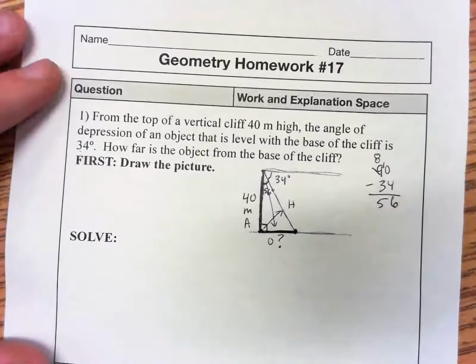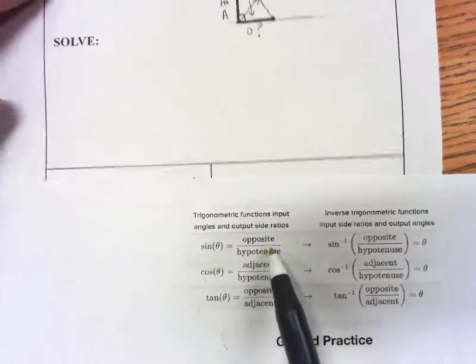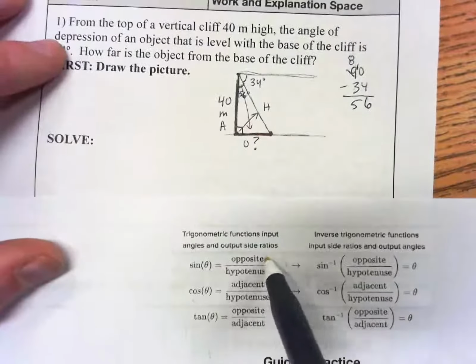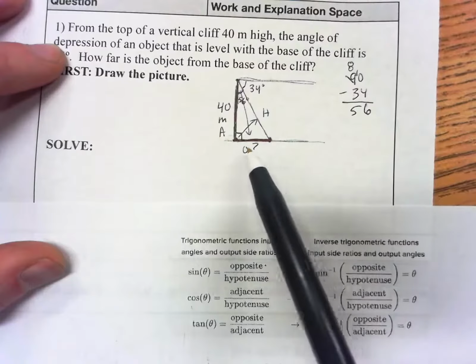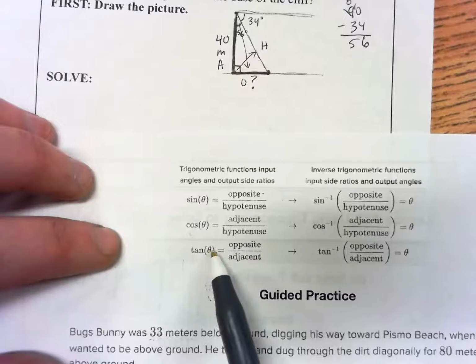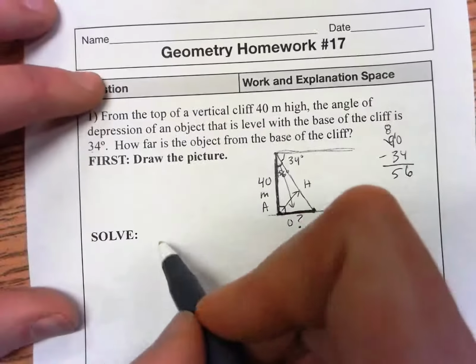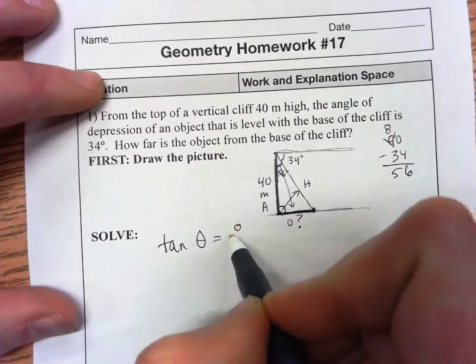So one side, one angle. We're going to use our regular trigonometric ratios. So over here, I'm going to use these ones, and I have 40, which is my adjacent, and I care about my opposite. So adjacent and opposite, that's going to be tan of theta. Tan of theta equals opposite over adjacent.